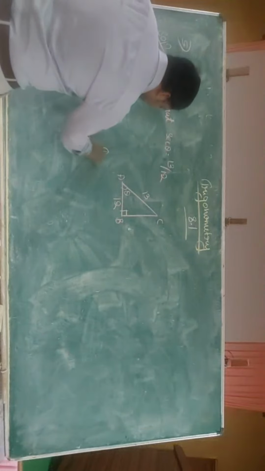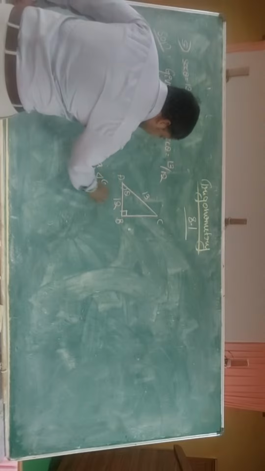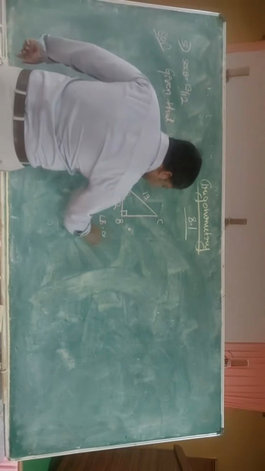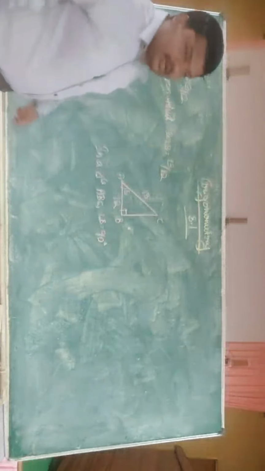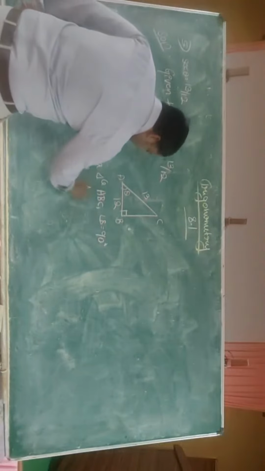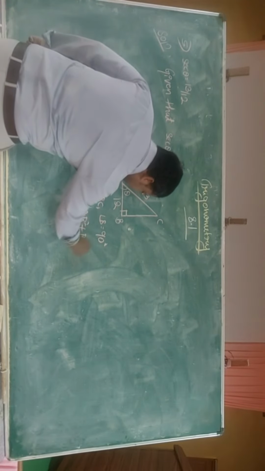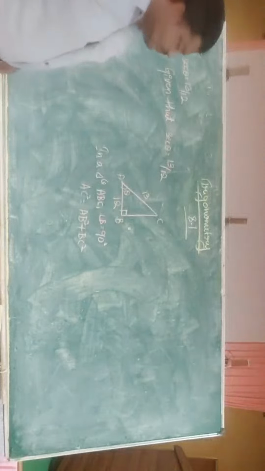In triangle ABC, again Pythagoras theorem. Angle B is equal to 90 degrees. The square of the hypotenuse is equal to the sum of the squares of the other two sides. AC square is equal to AB square plus BC square.